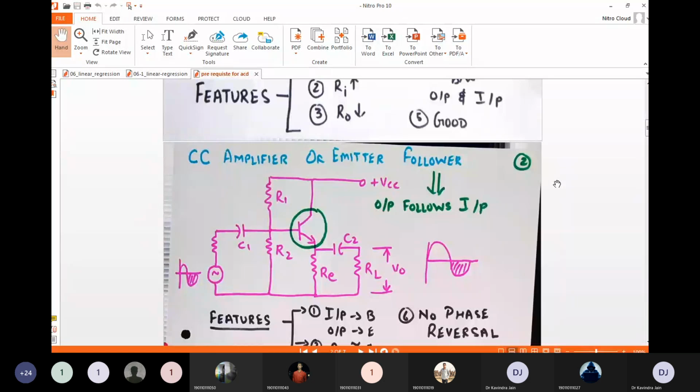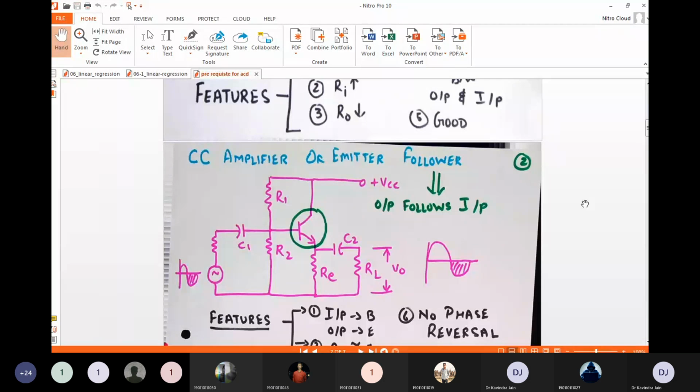Then we will proceed. Rest of you, have you completed? Can I proceed?